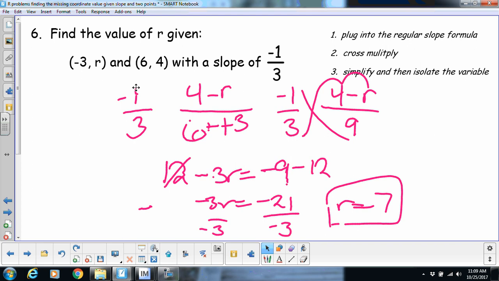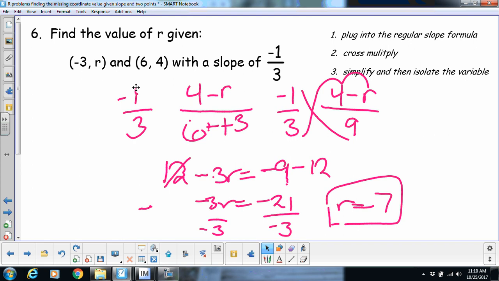Where did you put your negative? It depends on which way you did it. I'm saying, when you set yours up, do you have negative 1 over 3 equals r minus 4? That's what I'm saying. It's fine to do it that way.